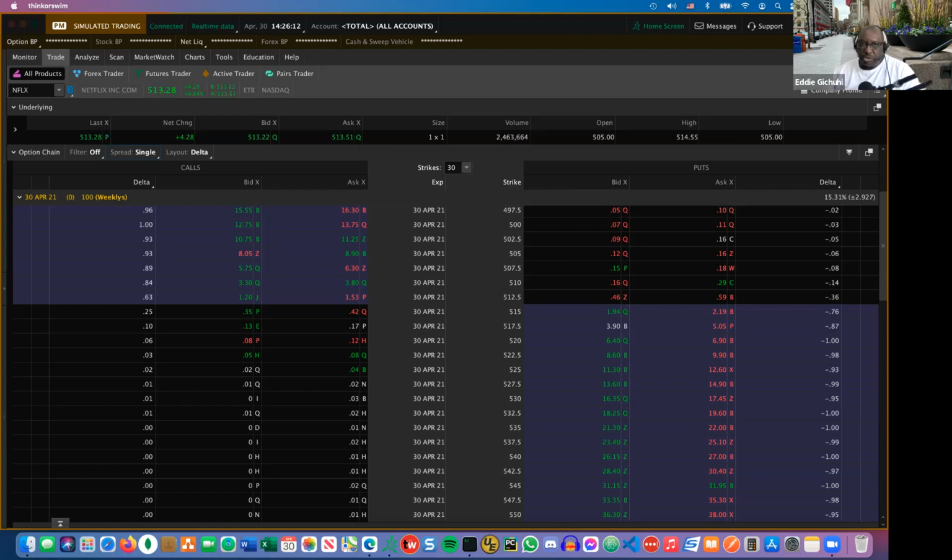That's not physical. It just means that you're going out to the broker, whether it's TD Ameritrade or TradeStation or Webull or Robinhood, whatever broker you're using, and you're borrowing shares or options, and you're selling them to someone. Why would you do that?